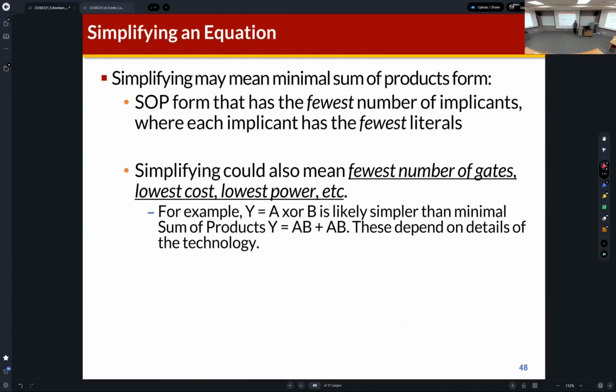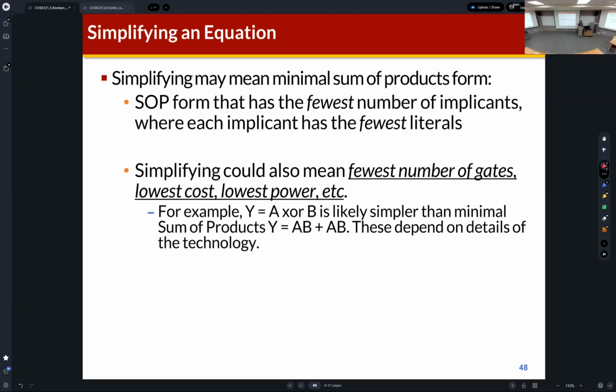Then why did we learn several theorems and axioms of the Boolean equation, the Boolean algebra? When we learned about Boolean equations, we learned about the SOP form and POS form. What did we learn? We learned that every truth table can be represented using SOP form or POS form, right?